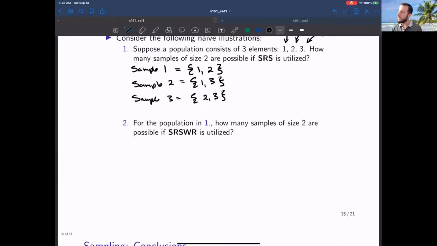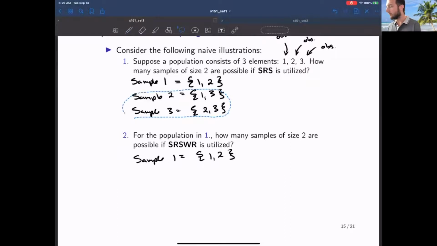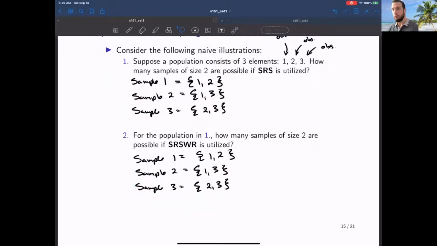Whereas if we consider the same situation, but we collect simple random samples with replacement, here we could end up with the exact same first 3 samples that we had above, right? It is still possible that our first sample contains observation 1 and observation 2. And then it's still possible that our second and third samples contain observations 1 and 3, and then observations 2 and 3.